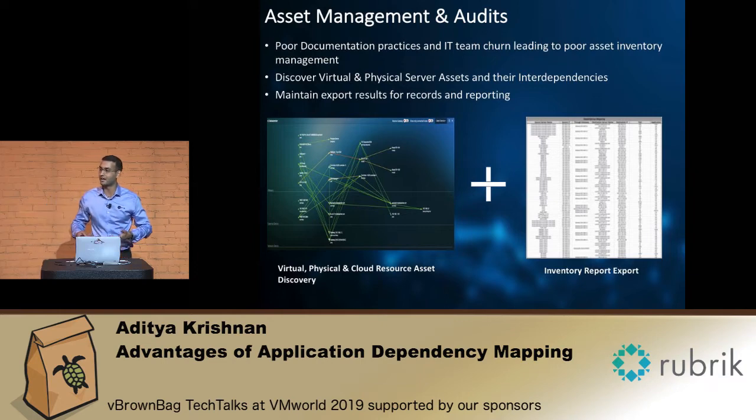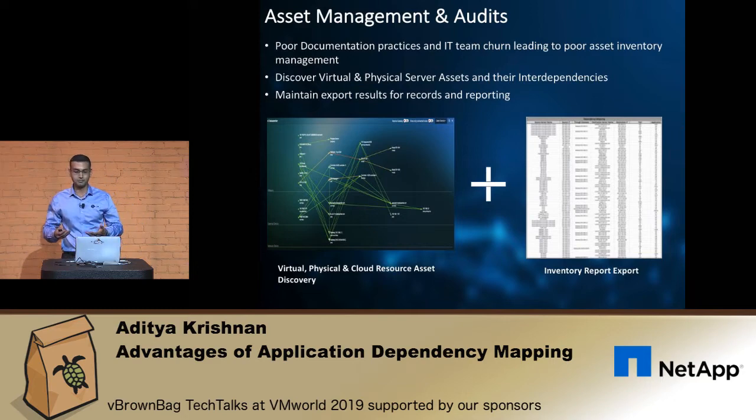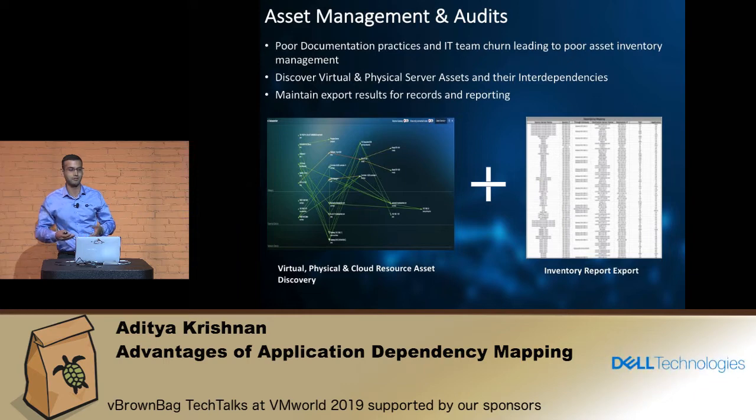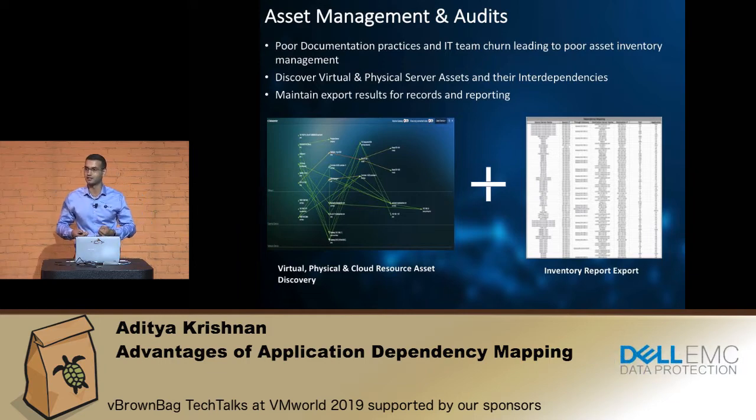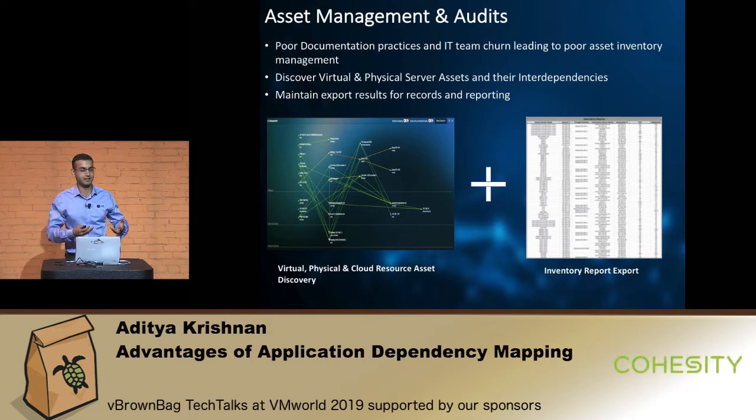And this is really where application dependency maps can help your organization. They would be able to discover any of your virtual and physical server assets and their interdependencies, and at the same time identify all those virtual machines or servers that you didn't really know what they were doing.